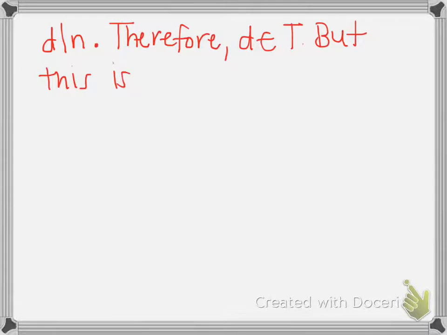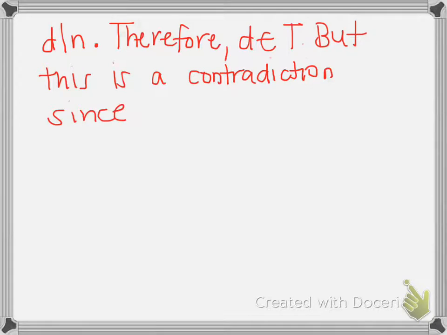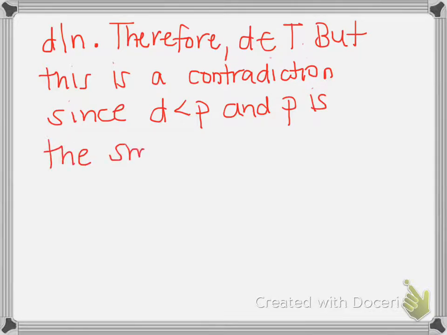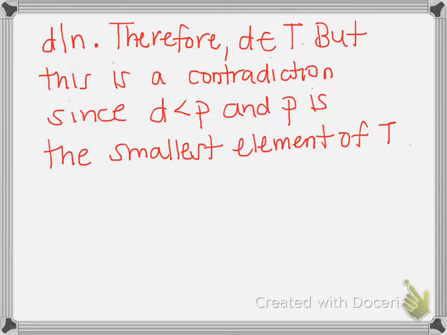D is a divisor of P and D is not equal to 1, so D is less than P, and P is the smallest element of T. So therefore, P is a prime factor of N.